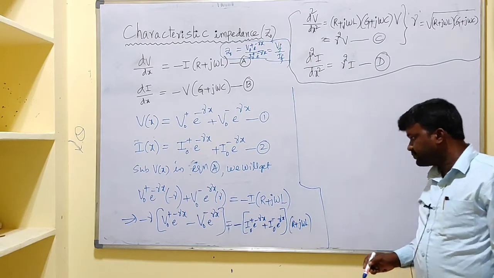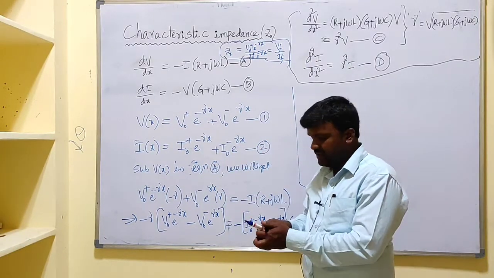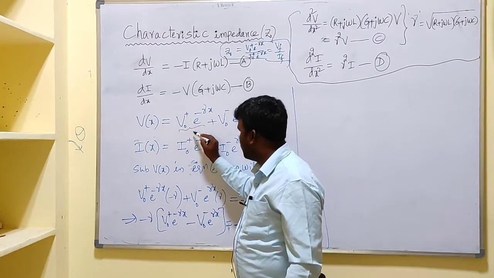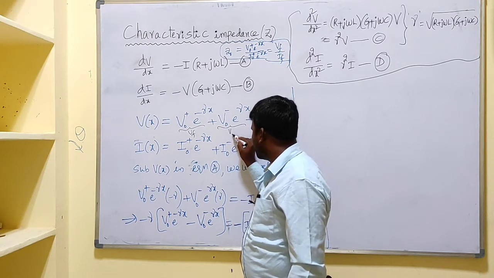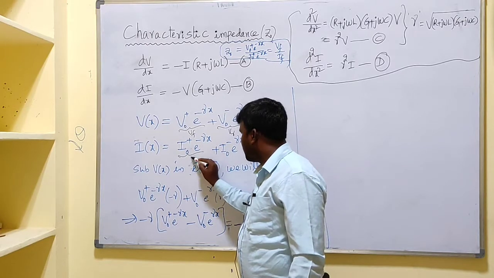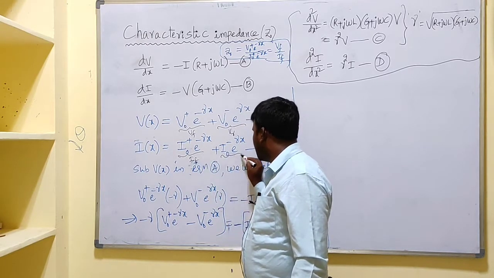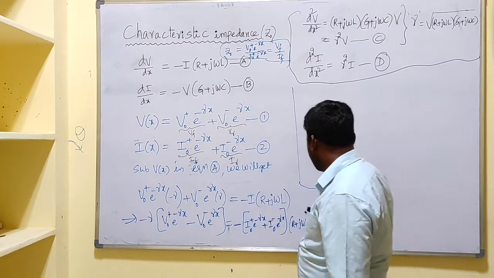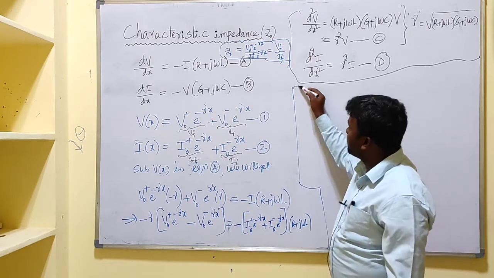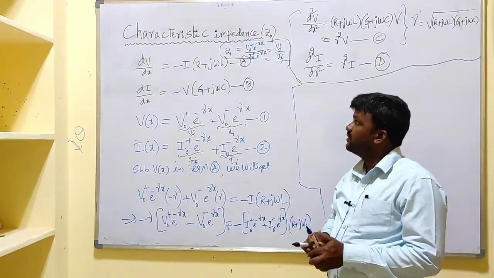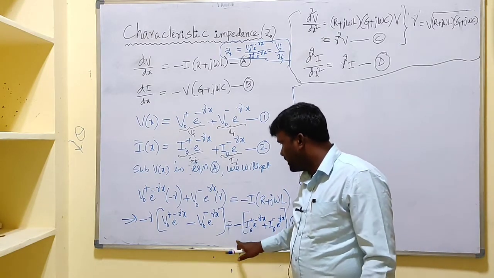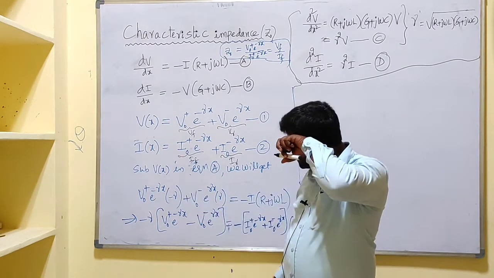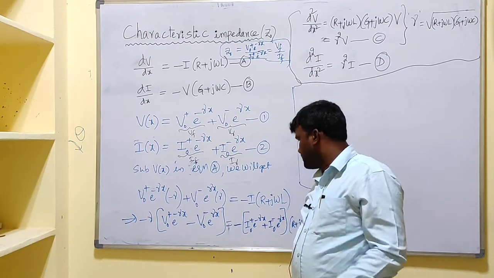The first term is the forward voltage, and this is the reverse voltage, that is VR, and this is the forward current IF, and this is the reverse current IR. Now we need to determine the characteristic impedance of the line, which means we require the ratio of V naught plus e to the power minus gamma x by I naught plus e to the power minus gamma x.